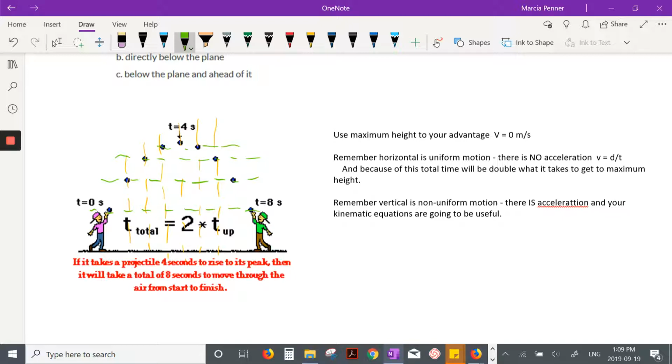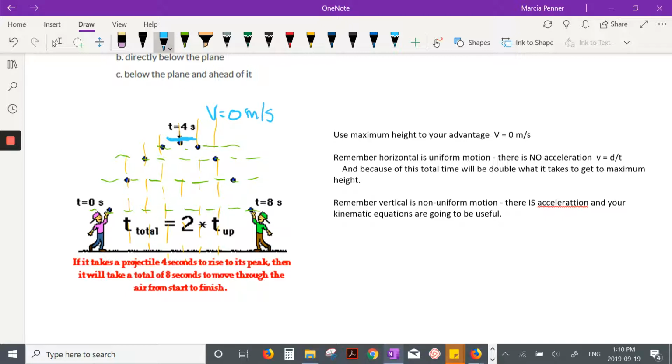When you're going to solve problems regarding projectile motion, there are three important things to keep in mind. First, remember from our previous lesson, I think it was lesson 3, at maximum height the speed of our object is going to be 0 meters per second.